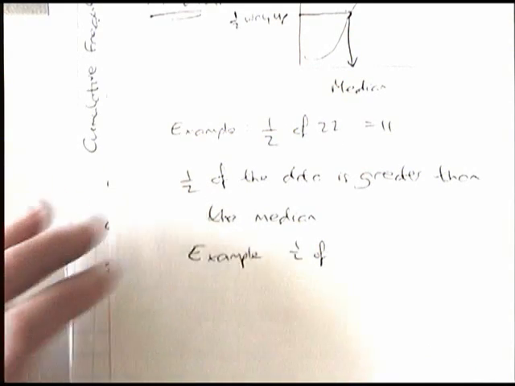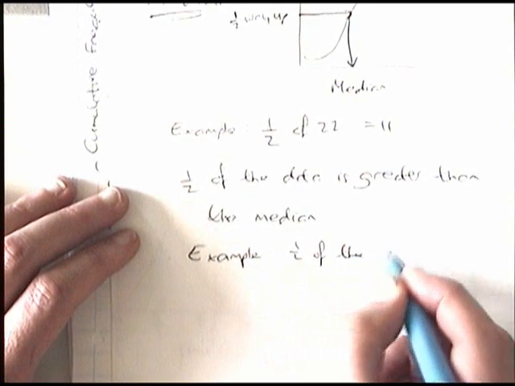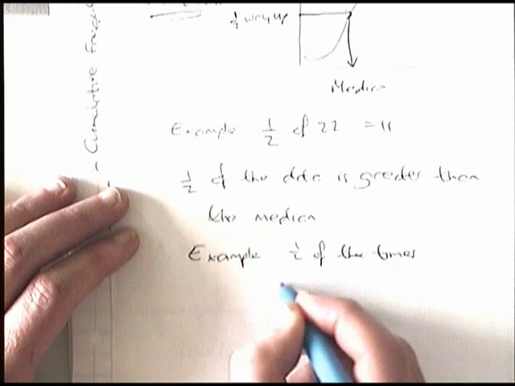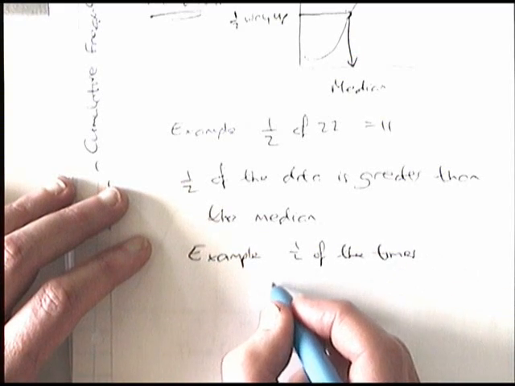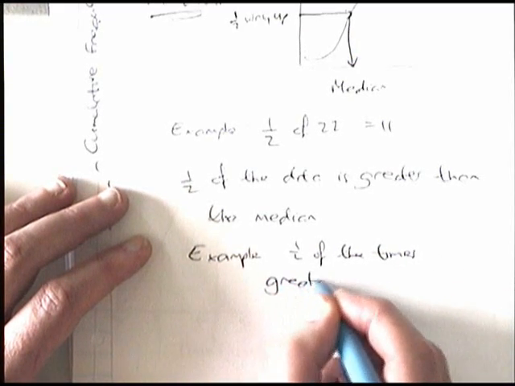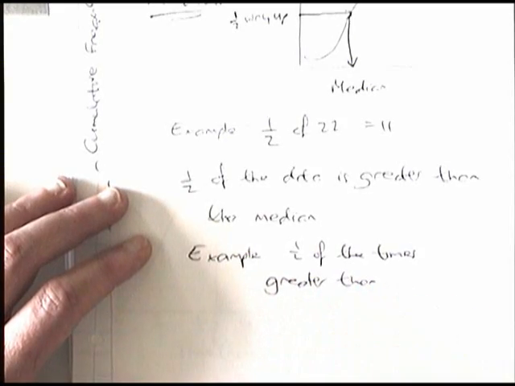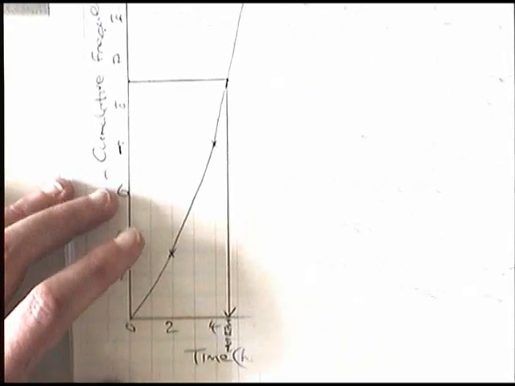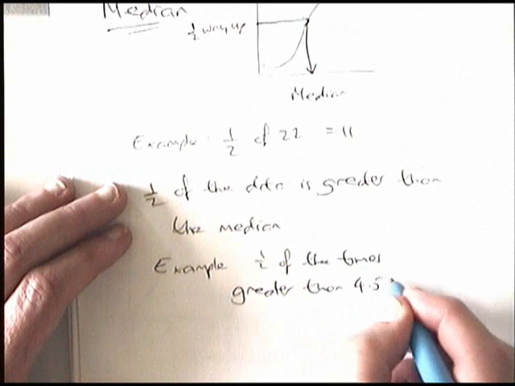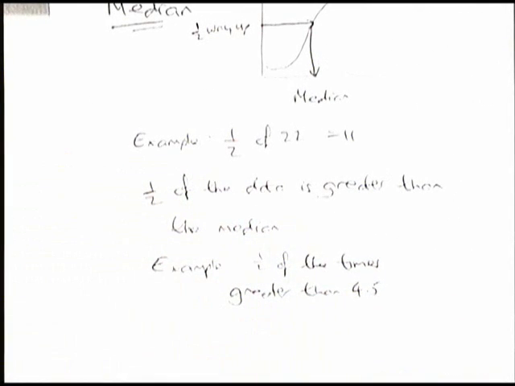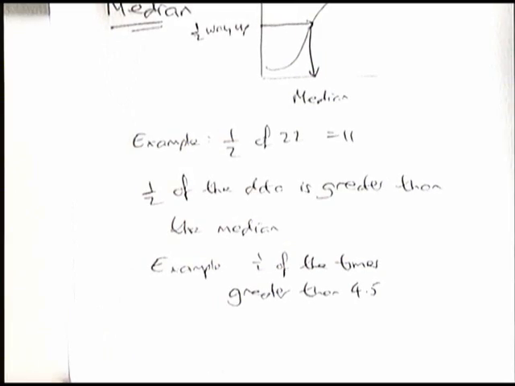Sorry. Half of the times recorded in the experiment were greater than, and my median was about 4.5. So the median is a measurement where half of the people or things were above it and half were below it. So if we can get that written down, please.